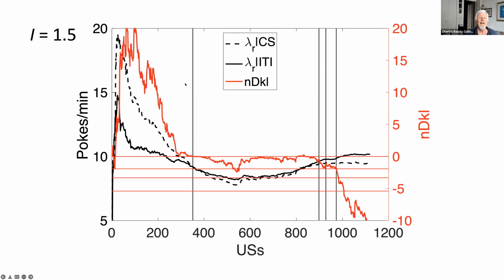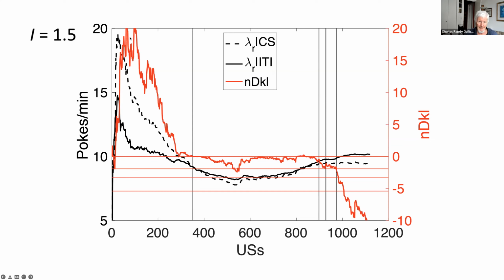And the dashed line is the estimated poke rate during the CSs. So you see that this particular subject, and there were quite a few subjects like this, actually started out poking more rapidly during the CS. Remember, it's never going to get rewarded during the CS. But it started out poking very significantly more rapidly.